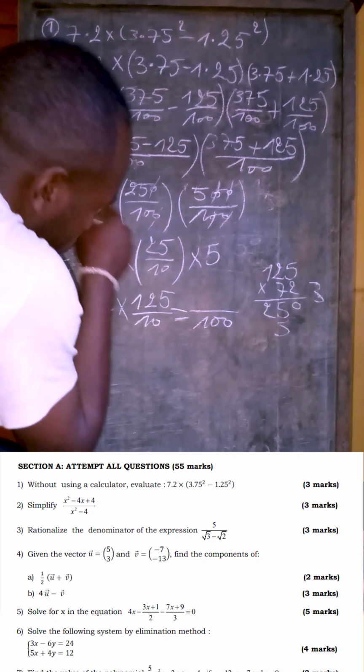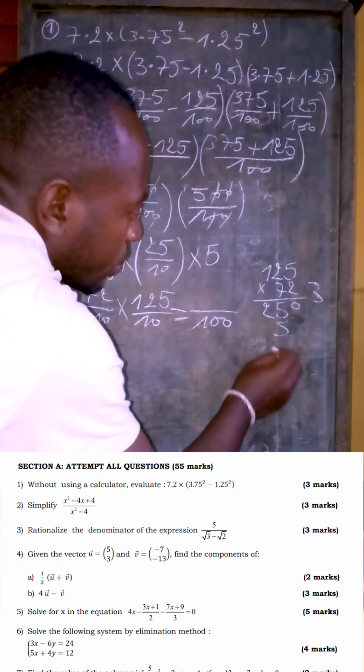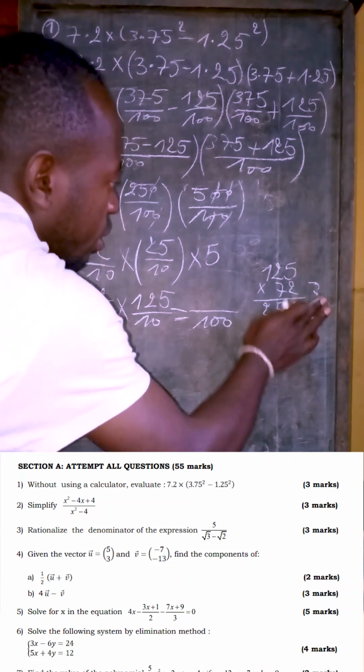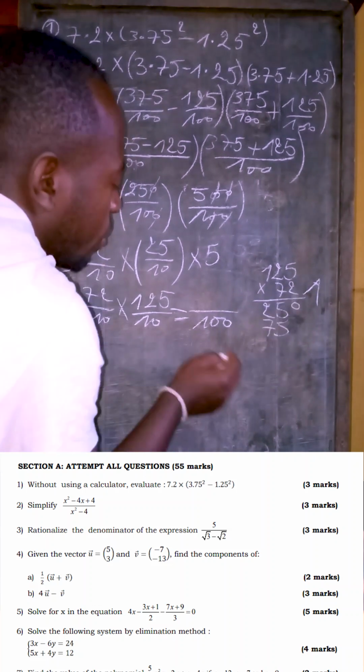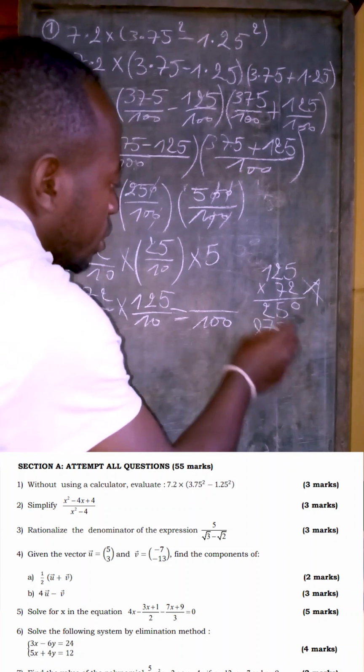7 times 2 is 14. 14 plus 3 is 17. Write 7, then 1 here. 7 times 1 is 7, 7 plus 1 is 8.